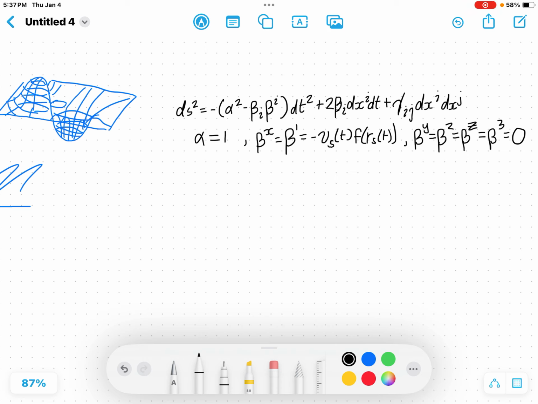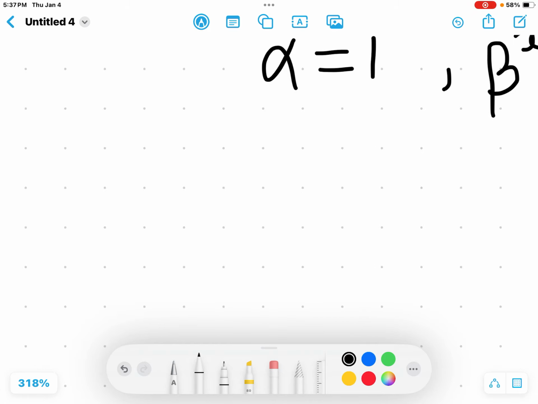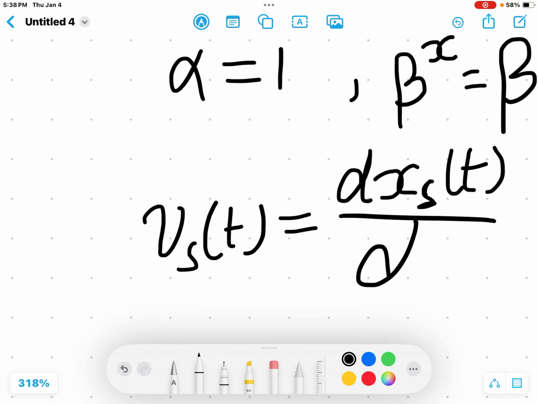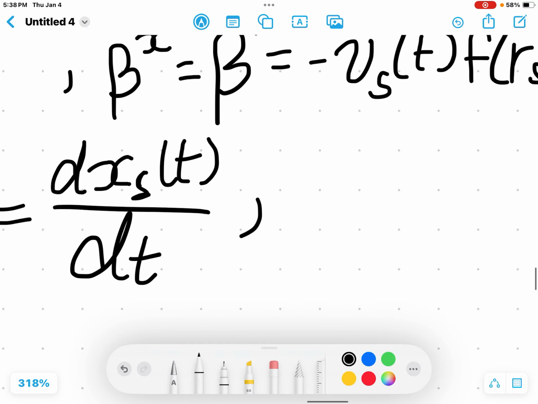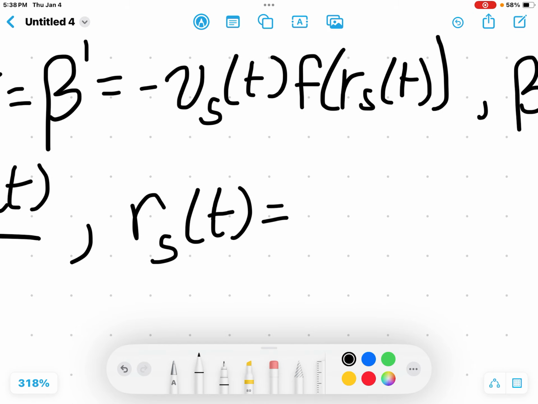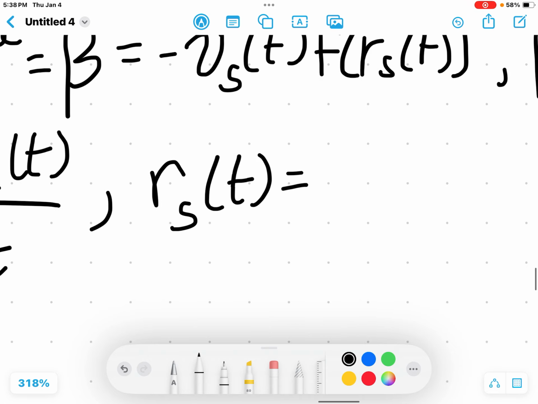So v_s(t), f(r_s), and r_s(t) are very long things, so I'm just going to write them out over here. So v_s(t) is some velocity vector, dx_s(t)/dt, and then r_s(t) is another function that relates this, so basically it's the radius of my hypersurface.